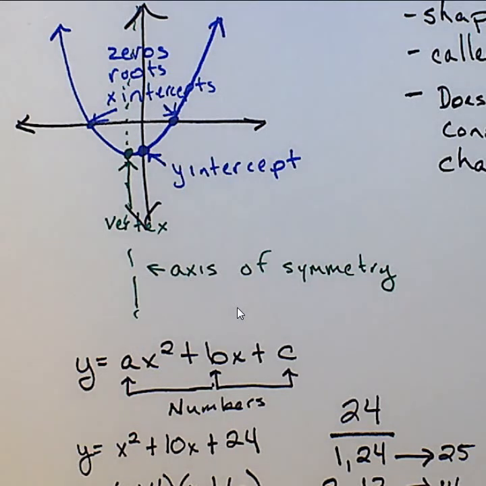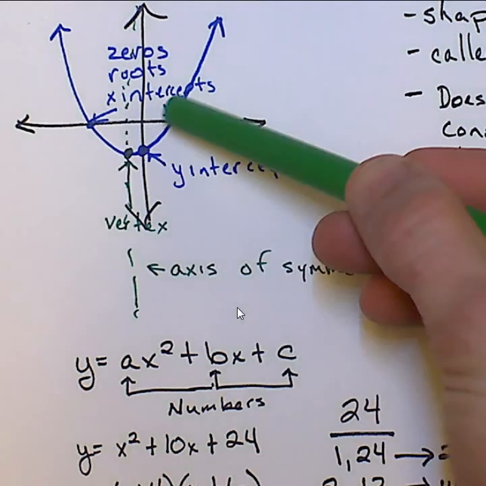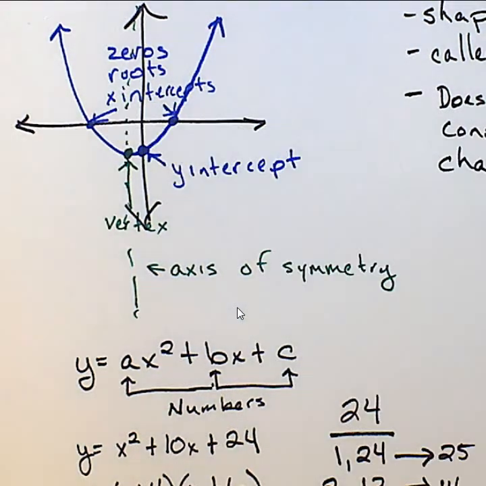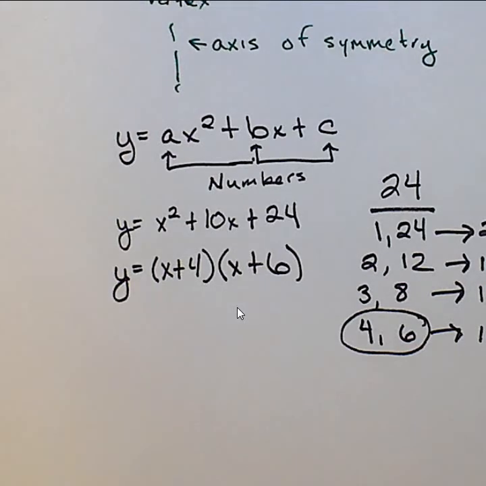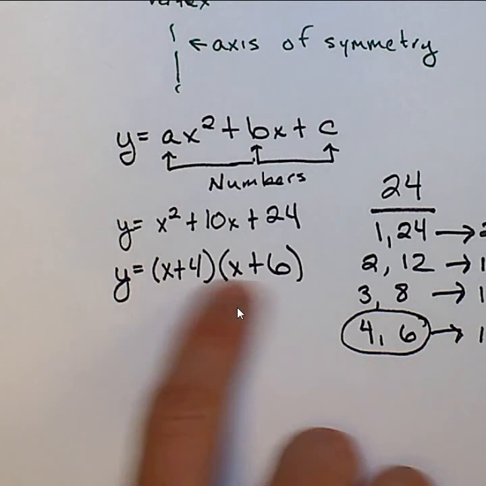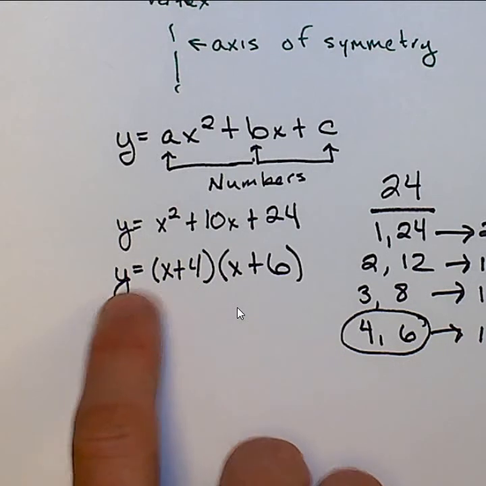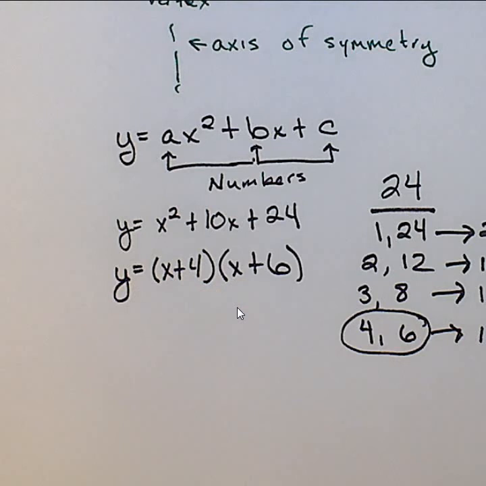With quadratics, our vertex and our two x-intercepts, or roots or zeros, are very, very important. These equations are very, very important in identifying those parts. Let's take, for example, this second equation, y equals x plus 4 times x plus 6.